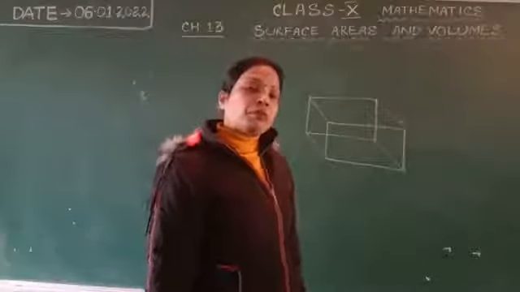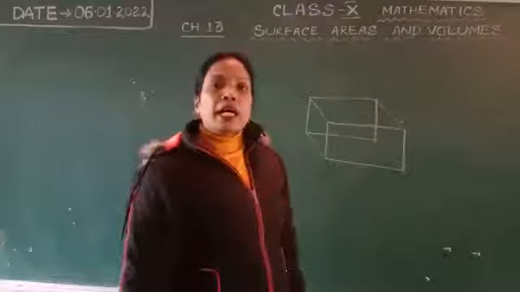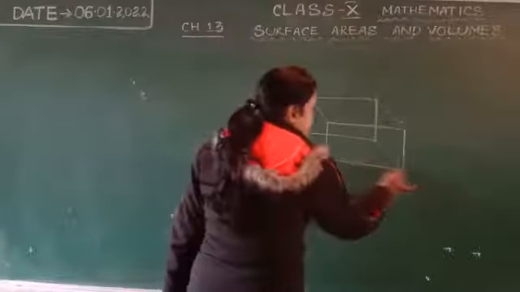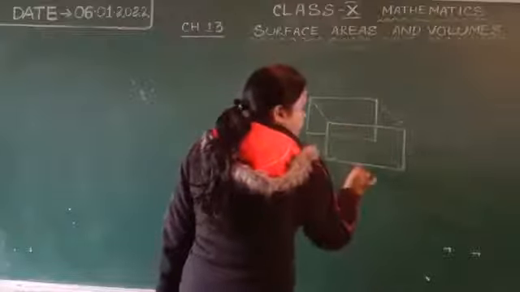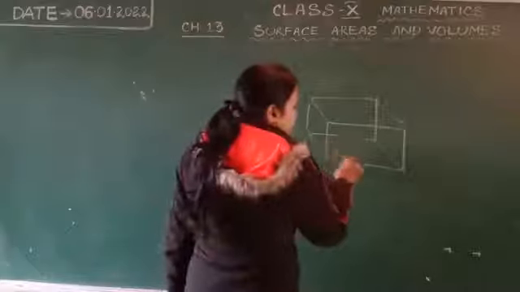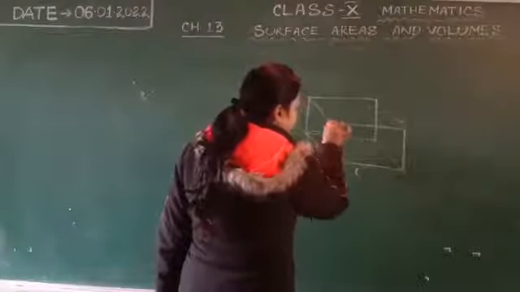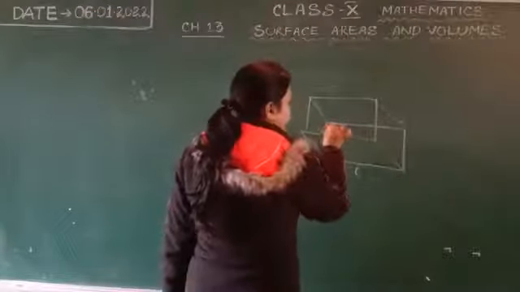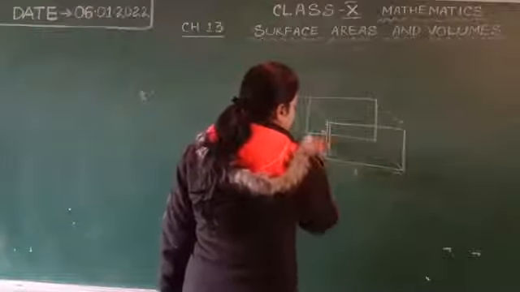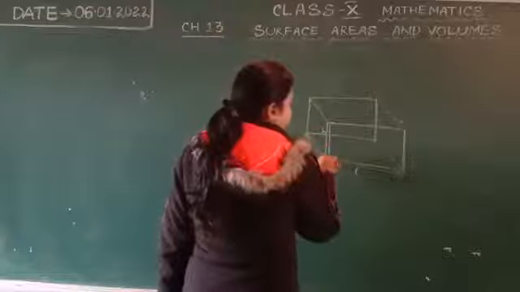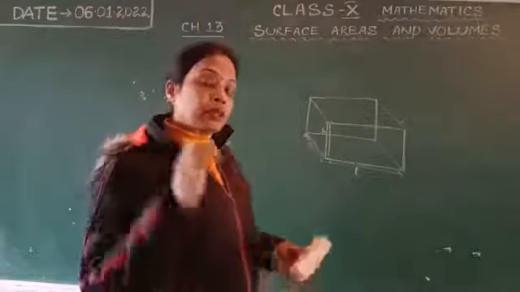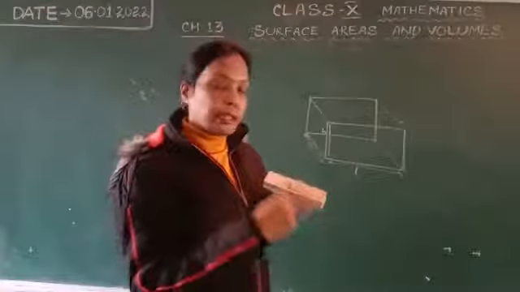So all of you know what the area of a rectangle is. Here this is length and this is breadth, and this one is the height. But each face has only 2 dimensions, length and breadth.